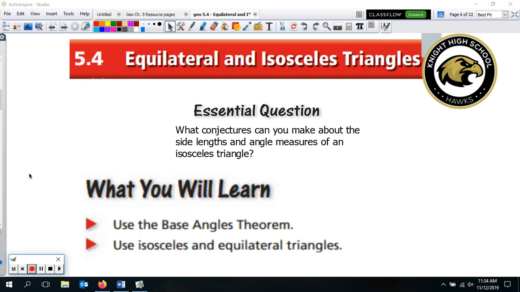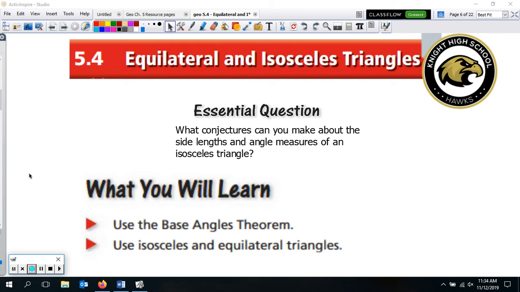Well, welcome to another lesson in geometry for 5.4 in our Big Ideas curriculum. We're looking here in Chapter 5 at triangles mainly. We've been talking about different types of triangles, and in this one we're looking at equilateral and isosceles triangles. The video was just showing us the scalene triangle, where all the sides are different.